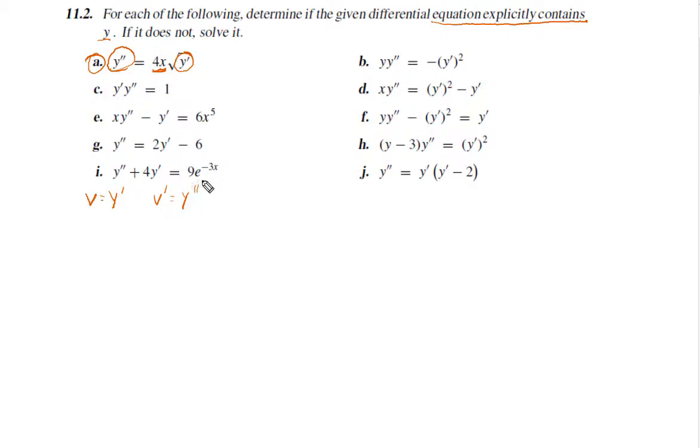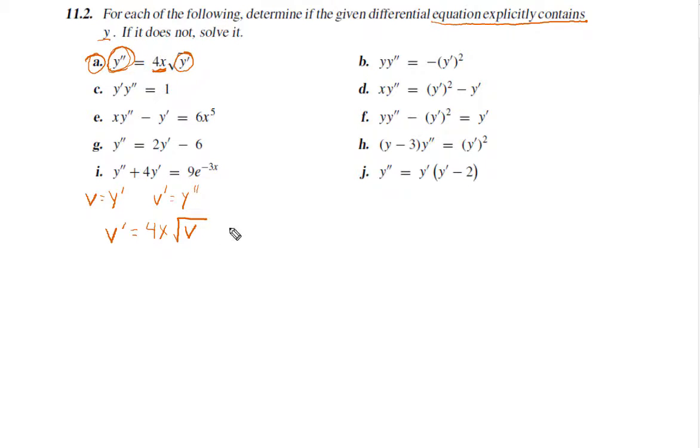is y double prime. So, if we make the substitution here, y double prime, which is v prime, equals 4x times the square root of y prime, which is v, then we have an equation in x and v.